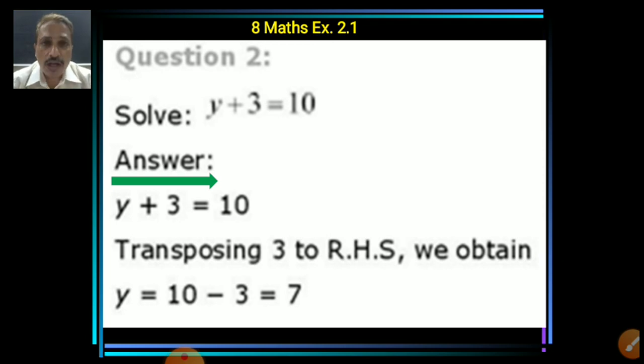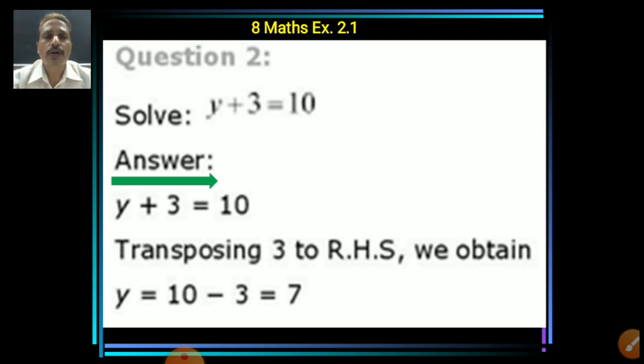So the value of y, when it becomes some number, then and only then it will become 10. So our first step: variable keep on the left side, number to the right side. This plus 3 is there. When it is moving to the right side, or transposing to the right side, we will change its sign.